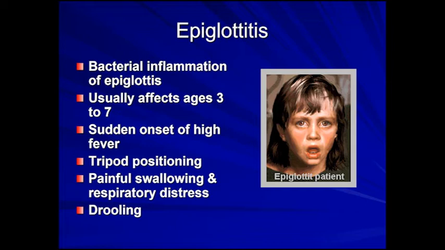We oftentimes think that if it's difficult to swallow, then the secretions, the saliva, are going to need to go someplace. So they oftentimes just kind of drool out of the mouth.